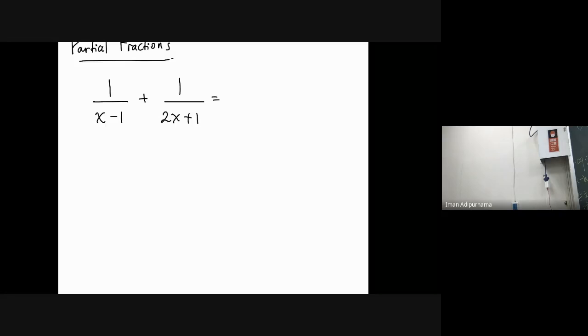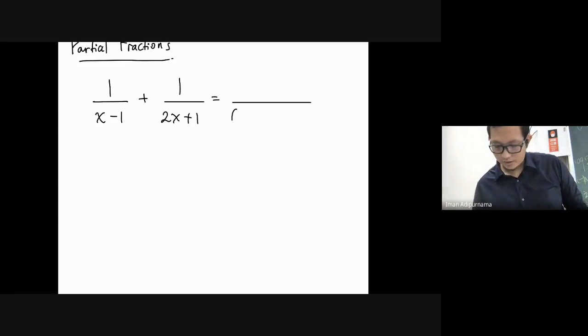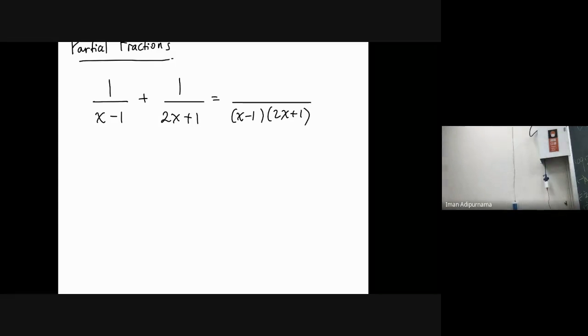Okay. So let me write this x minus 1 times x plus 1. And what else? We want to find the top equations, right? So the bottom denominator, divide by each, and then you put them up here.